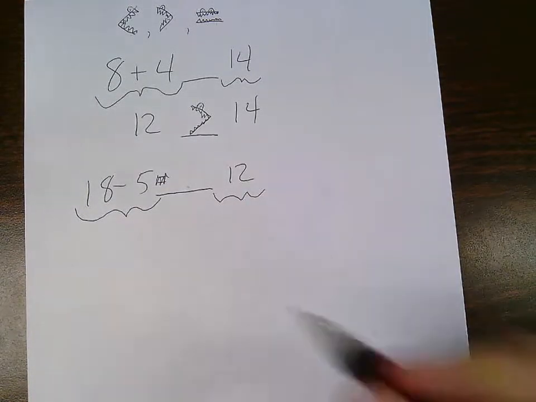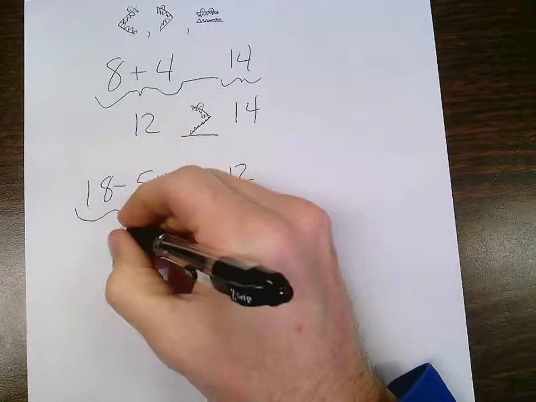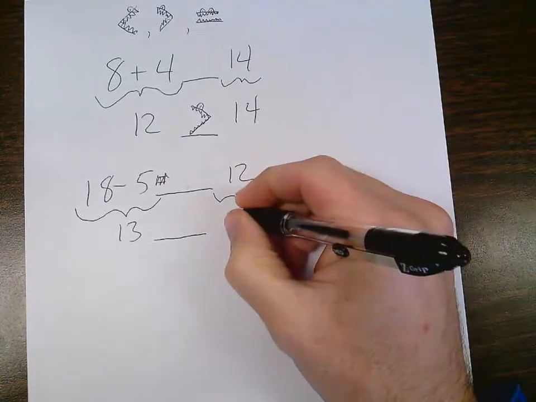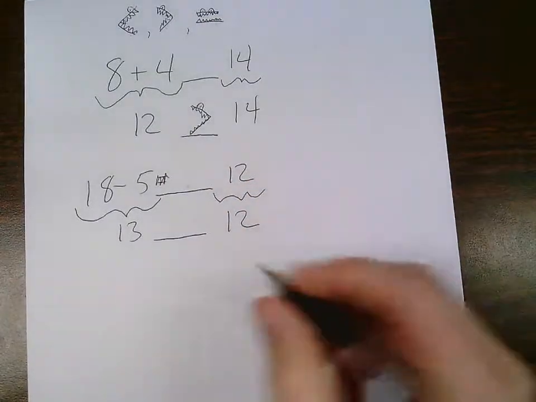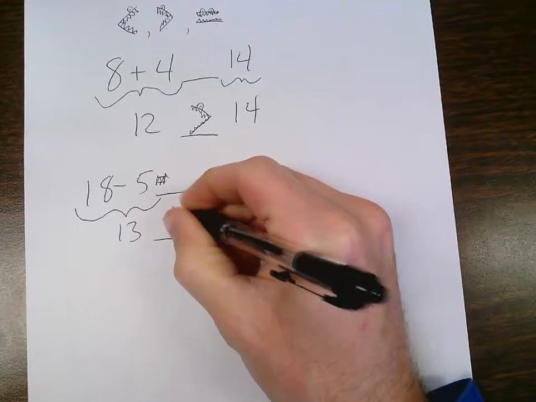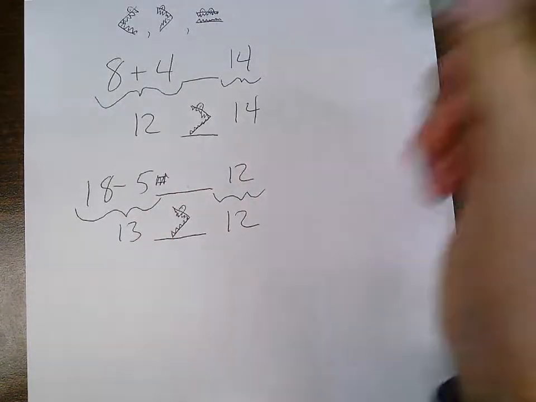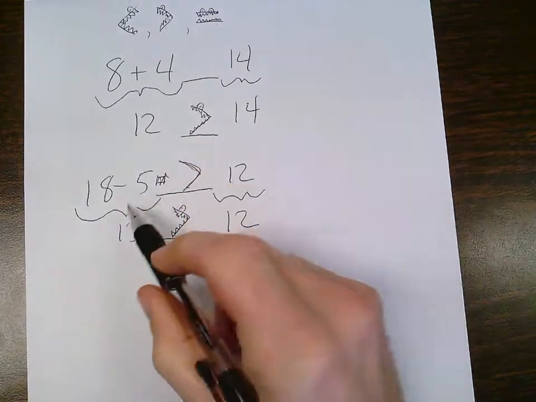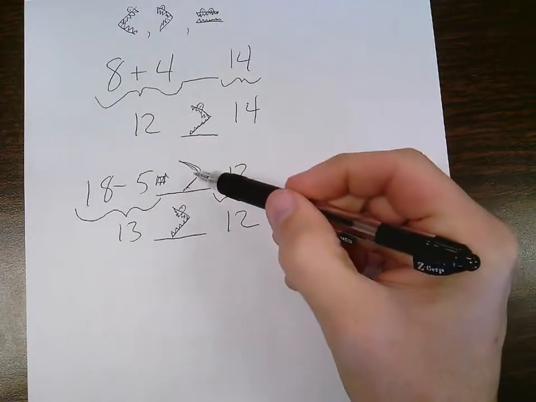So 18 minus 5 is 13. Bring down my alligator, and the other side's 12. And the 13 is bigger than the 12, so the alligator is going to eat the 13. And this alligator can be plugged right back up into the original problem because 18 minus 5 is greater than 12.